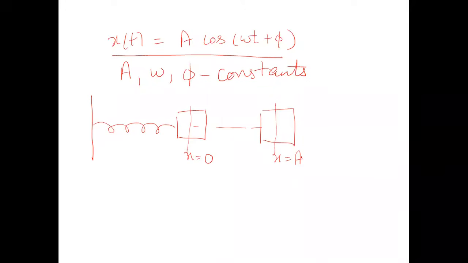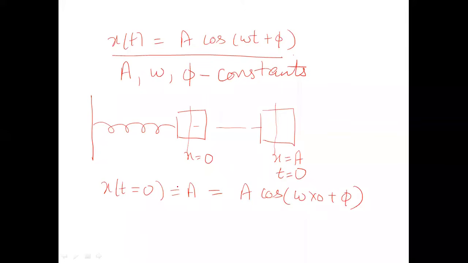How we can do that is, let's say that someone started his clock at t equal to 0, when the particle was at this position. Now, if I say that my x(t) at time t equal to 0 was equal to A, then this is equal to A cos(omega times 0 plus phi).